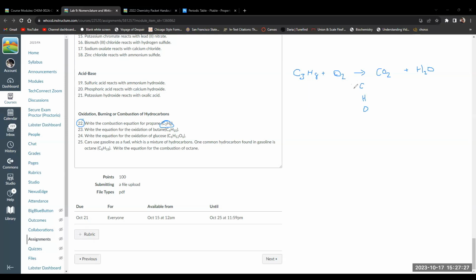We have 3 carbons in the reactants, 1 in the product, 8 hydrogens, 2 hydrogens, 2 oxygens, and 3 oxygens in the product side. So how do we do this? How do we go about this?